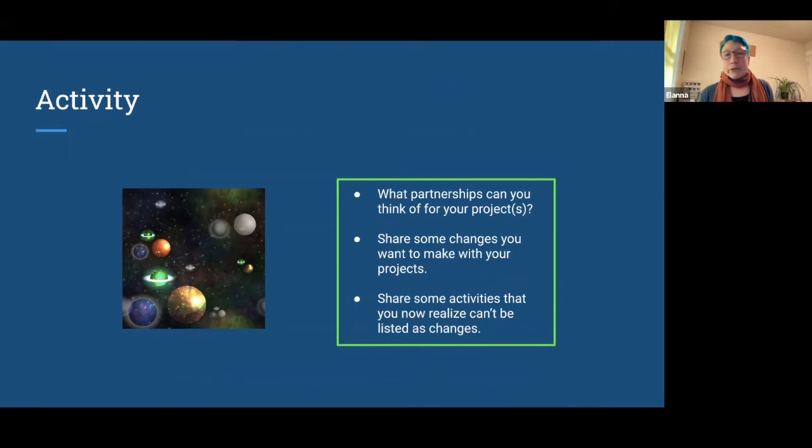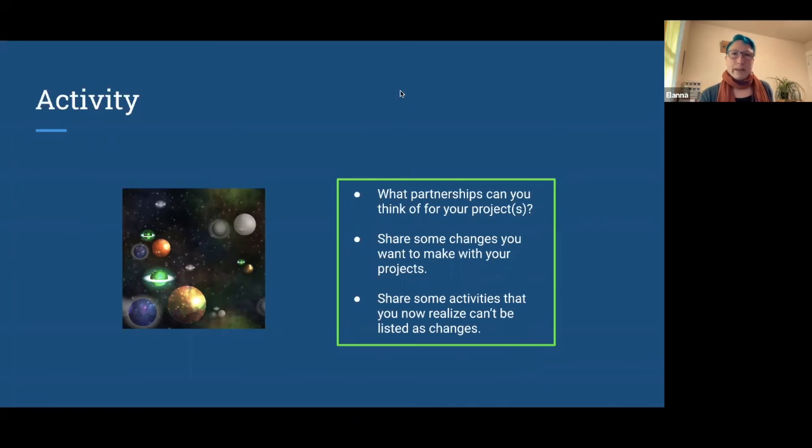And share some changes you want to make with your projects. Also, share some activities that you are realizing cannot be listed as changes. So if you've had a realization tonight that maybe something that you thought was a change is actually an activity, then that would be awesome to share too, because we're all learning together.